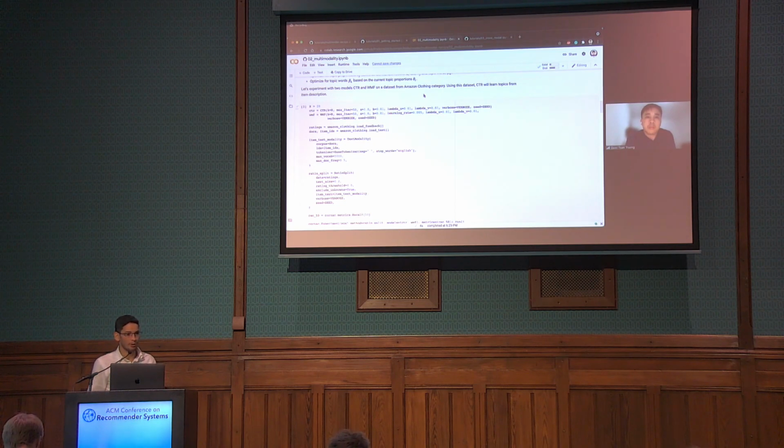A lot of models specify in the requirement file the dependency on some version of TensorFlow or PyTorch. So it's completely fine if you develop a model with TensorFlow and you put it into Cornac.